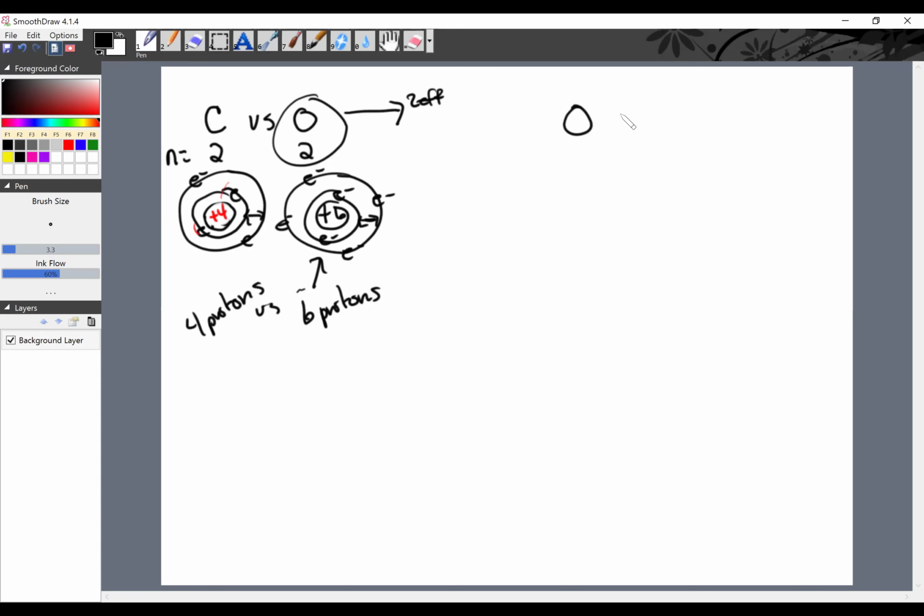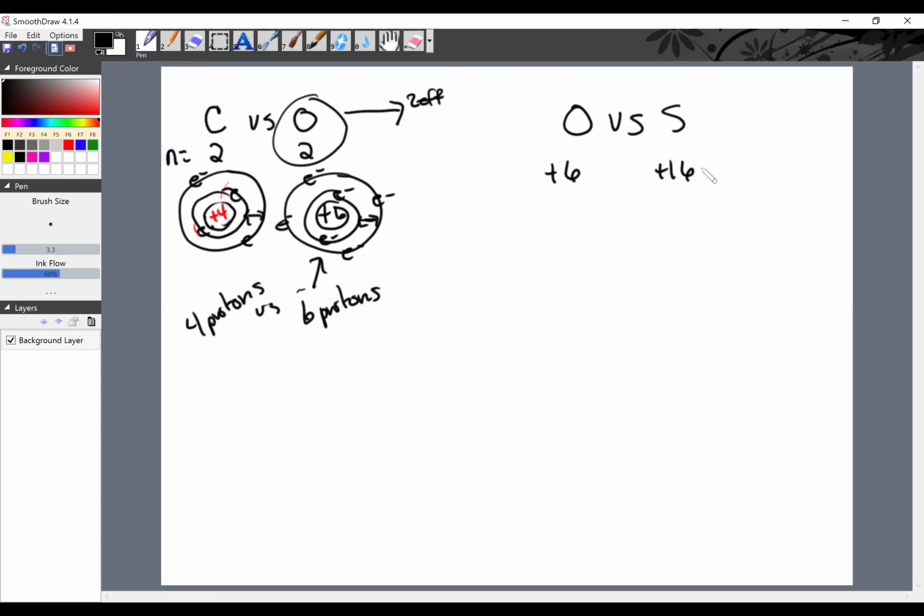Now, oxygen versus sulfur, on the other hand. Now we're tempted to say, whoa, look, oxygen has 6 in its nucleus, where sulfur has 16.